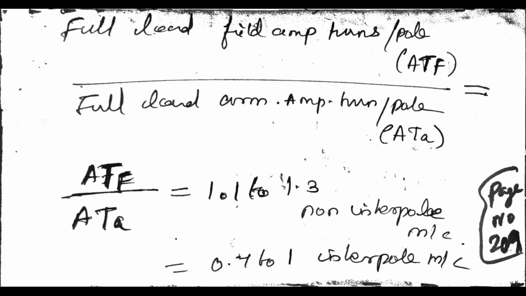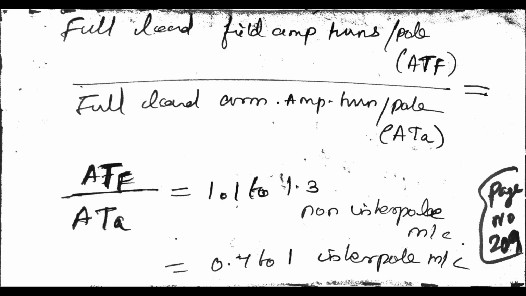Full load field ampere turns per pole ATF divided by full load armature ampere turns per pole ATA is equal to 1.1 to 1.3 for a non-interpole machine, and 0.7 to 1 for an interpole machine.